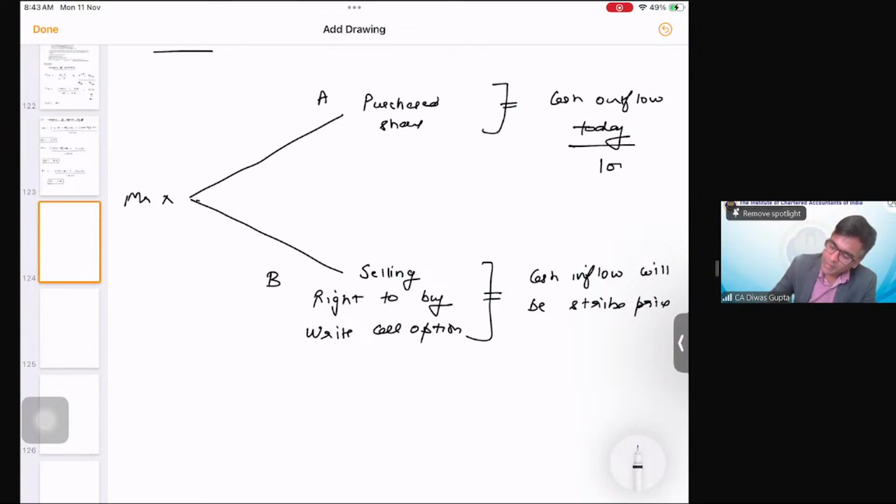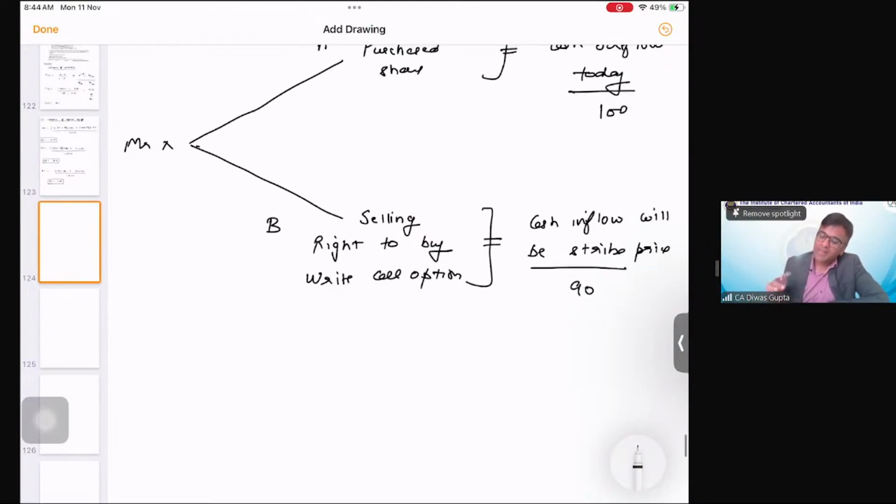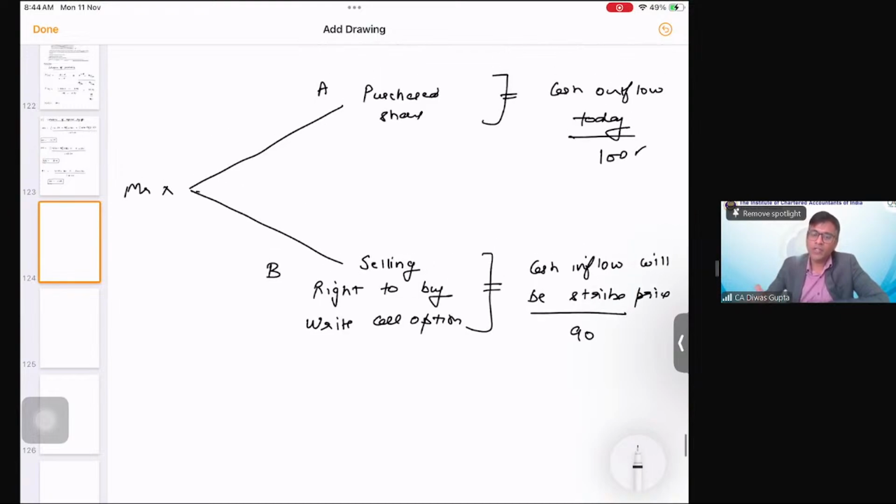Let's assume the cash outflow today is 100, that means the spot price is 100. And let's assume the strike price to be 90. I'm just referring to these not as specific values, but 100 and 90 are okay to understand the terminology here.